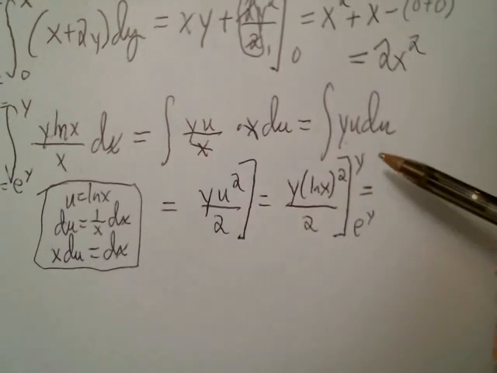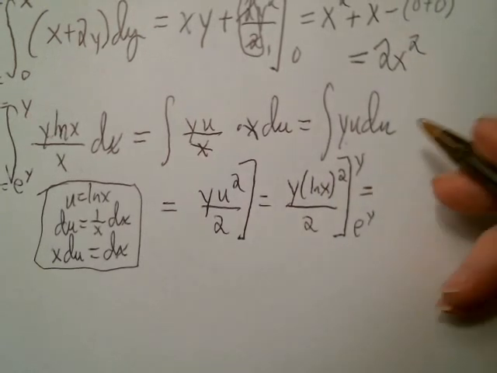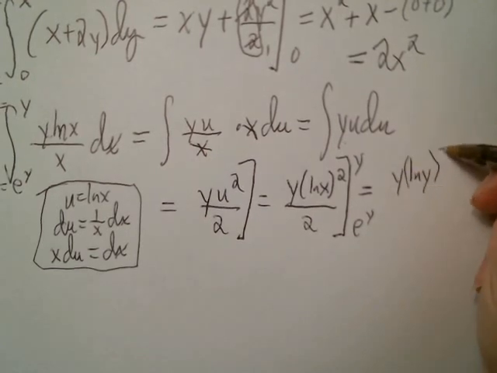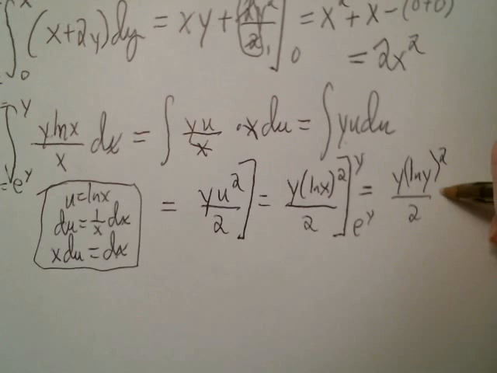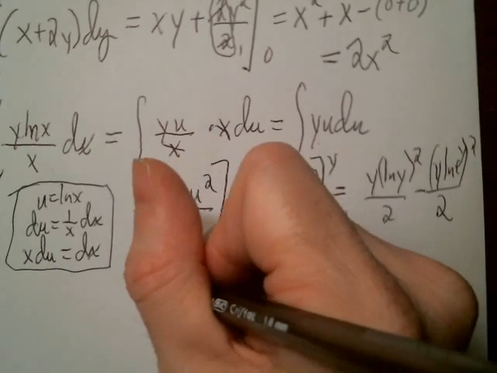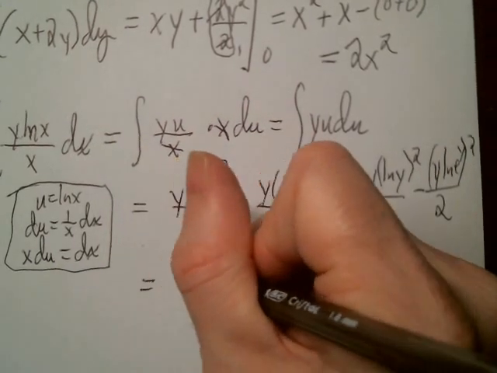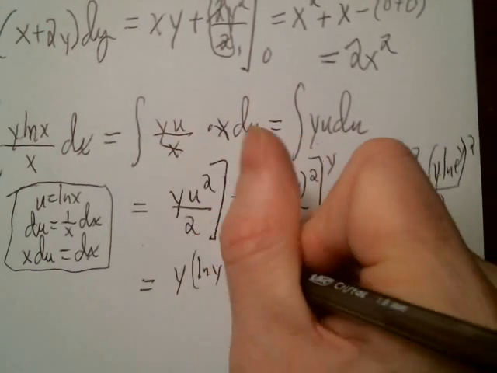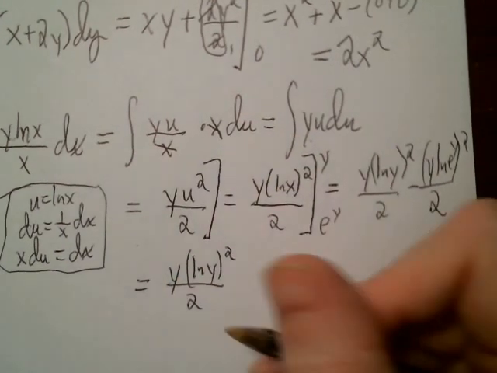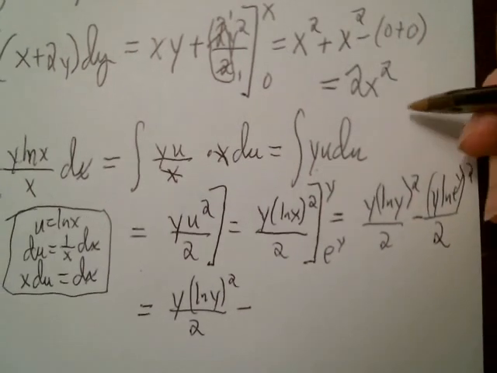So I'm plugging in for x, and so I'll get y times the ln of y squared all over 2, and then minus, well, y times the ln of e to the y squared all over 2, and then simplify as much as possible, right? That'll make your life easier. So here, I can't do much with the ln y squared part, so too bad. But I can clean this guy up. So this will be minus ln of e to the y.